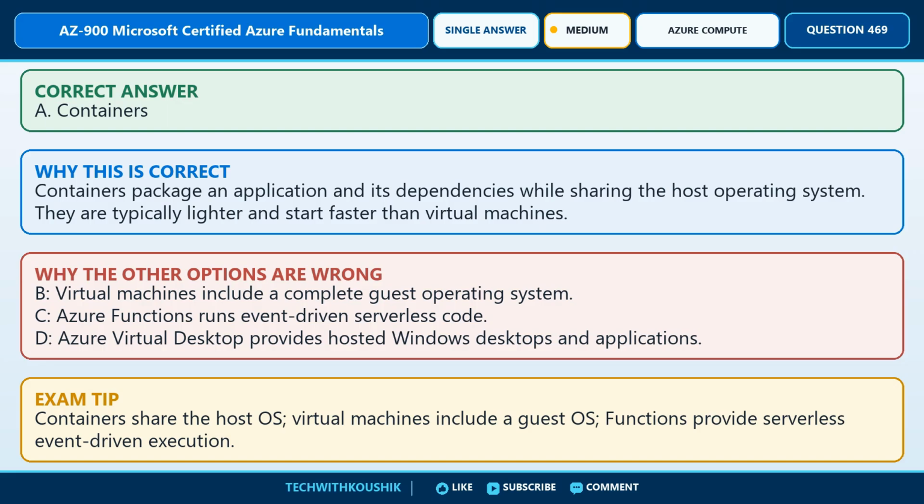B. Virtual machines include a complete guest operating system. C. Azure Functions runs event-driven serverless code. D. Azure Virtual Desktop provides hosted Windows desktops and applications. The main takeaway is containers share the host OS, virtual machines include a guest OS, functions provide serverless event-driven execution.